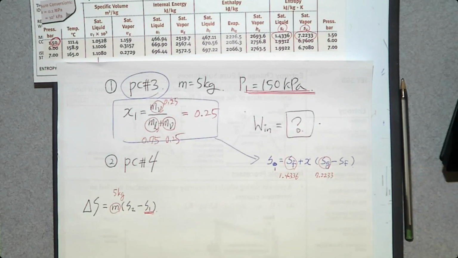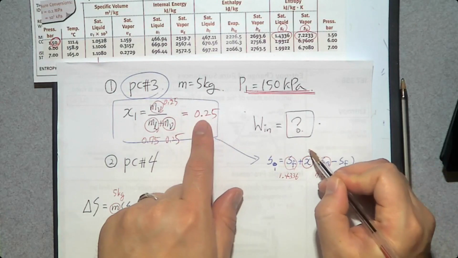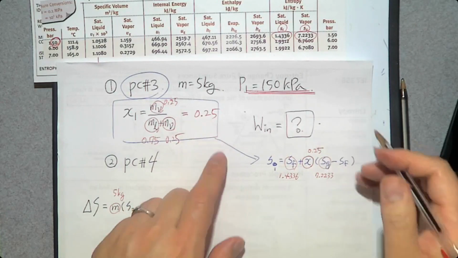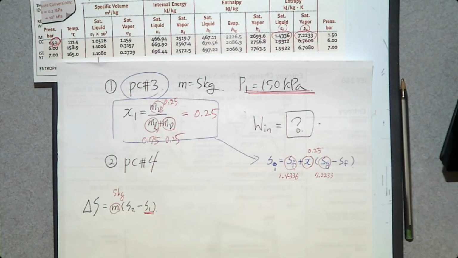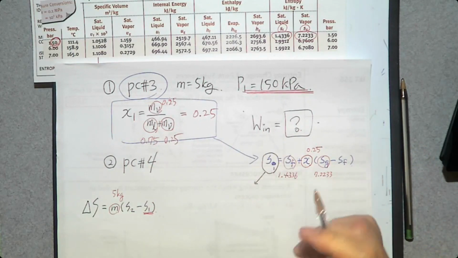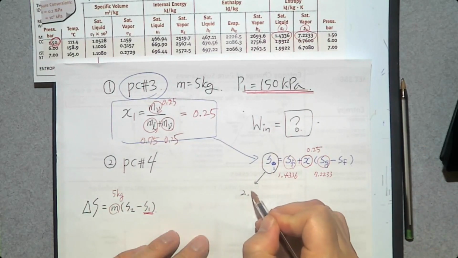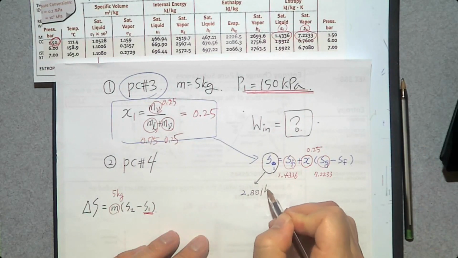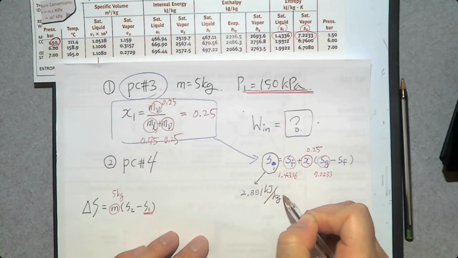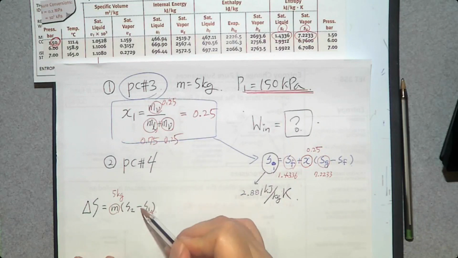What about the quality X? 0.25. So can you determine S1? Yes, you can. S1 is going to be 2.881 kilojoule per kilogram Kelvin. So we got S1.